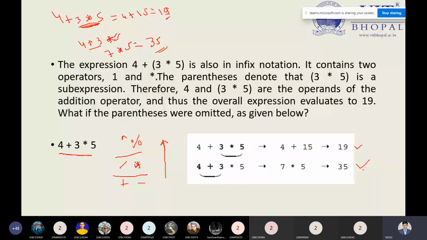All the BODMAS principles are applicable in the operator precedence concept, so there is no confusion about that. But in the computer system we have lots of operators and lots of things to use for evaluation, so that's why the concept is here: operator precedence.